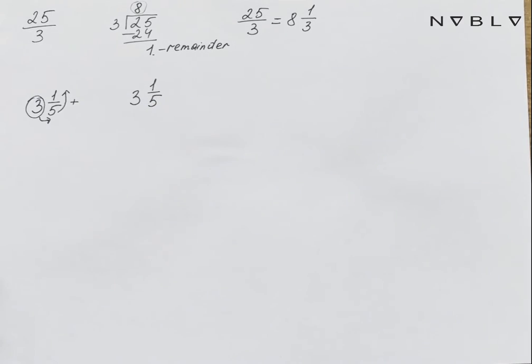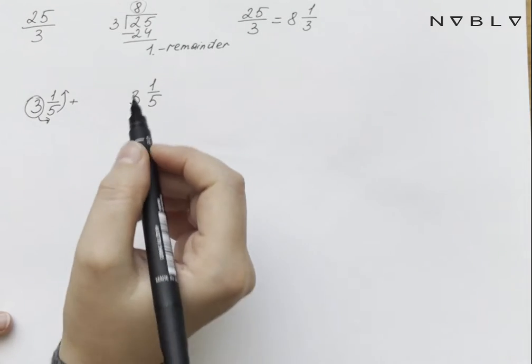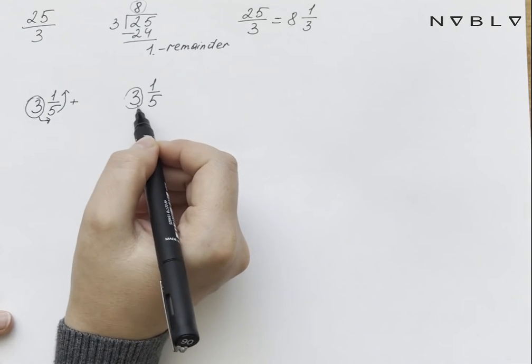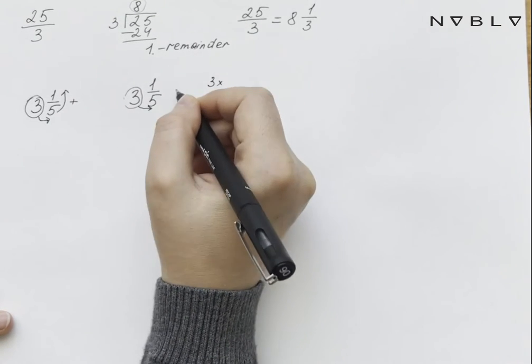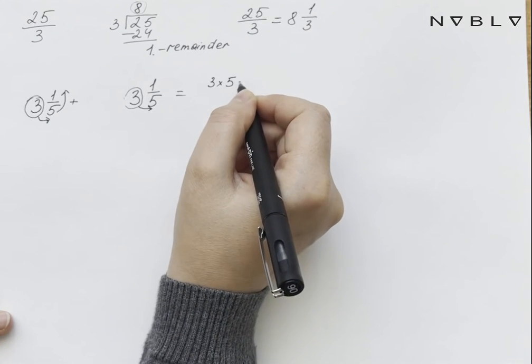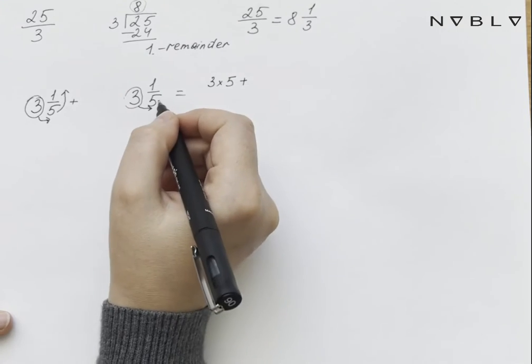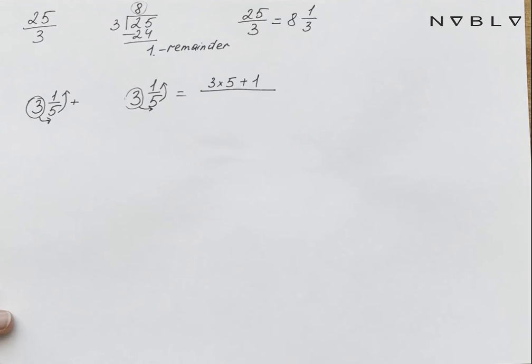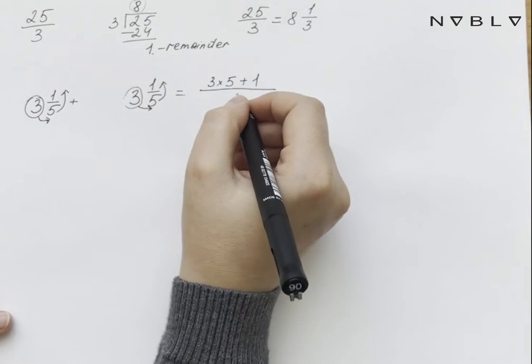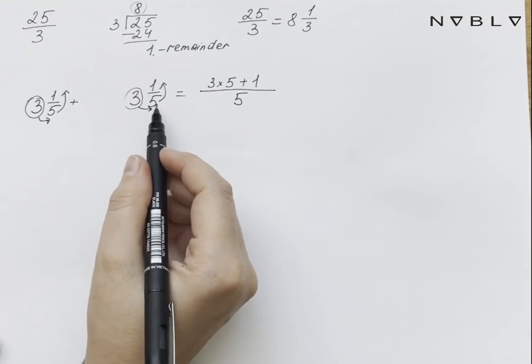This is my mixed number, and I want to convert it to an improper fraction. I need to multiply 3 by 5, and plus the numerator. Our denominator will be the same, 5. It doesn't change.